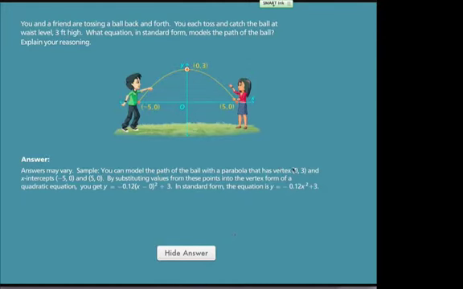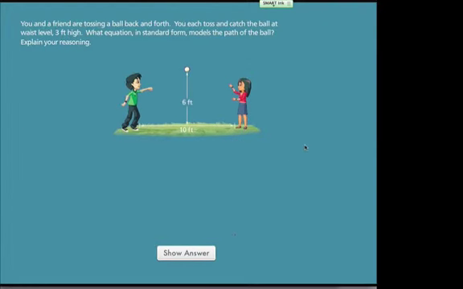And then by substituting those values of these 3 points into a quadratic equation, you could come up with the actual function of y equals -0.12 times (x minus 0) squared plus 3. And then we could translate that into standard form as well.